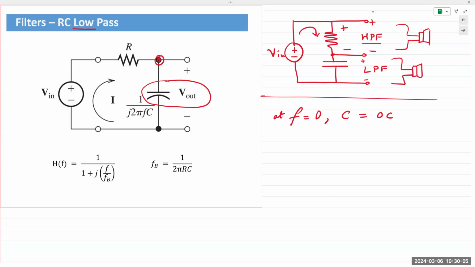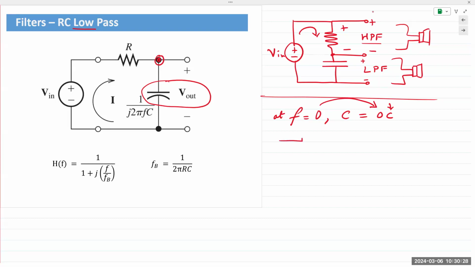If you need help in remembering this, 0 and O for a capacitor, C. So a capacitor behaves like an open circuit as F tends towards 0.